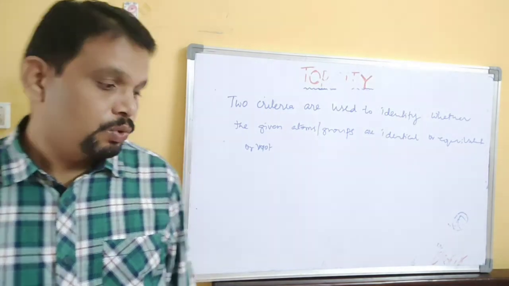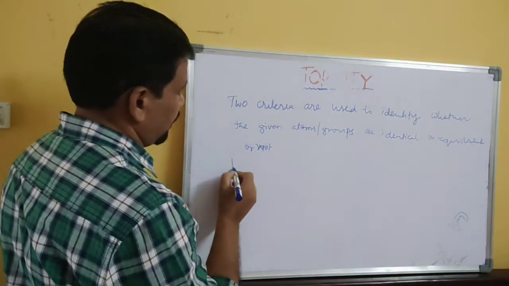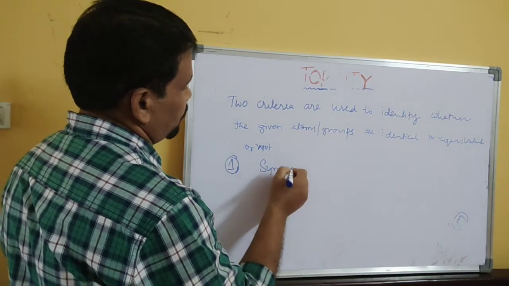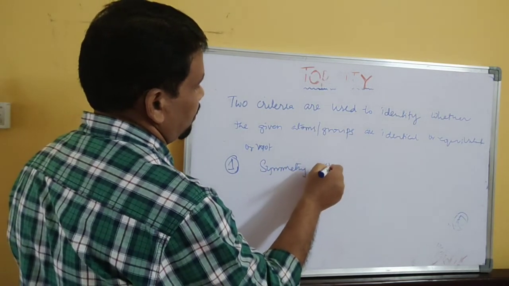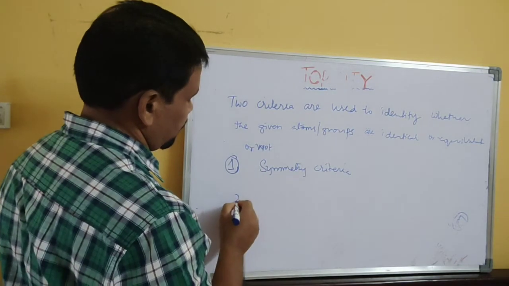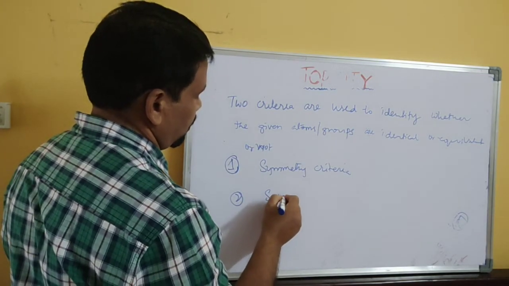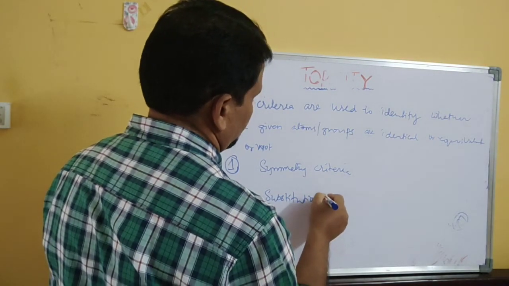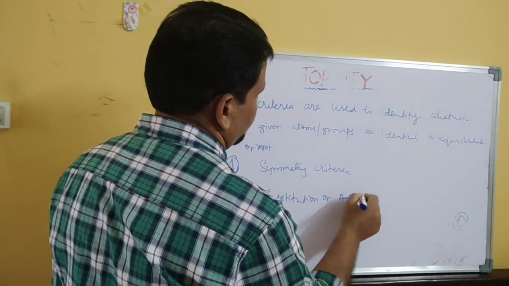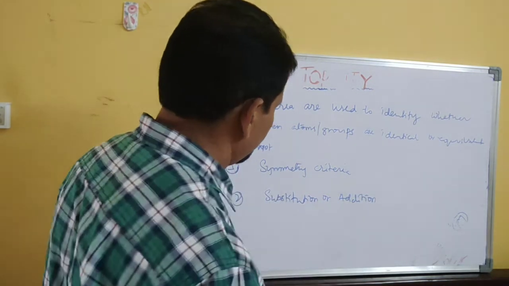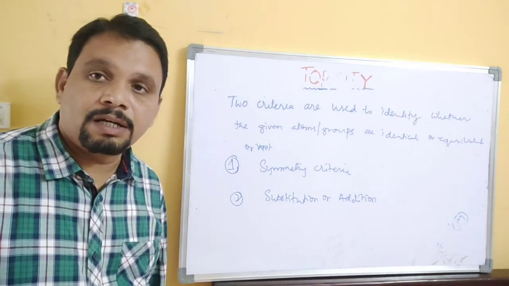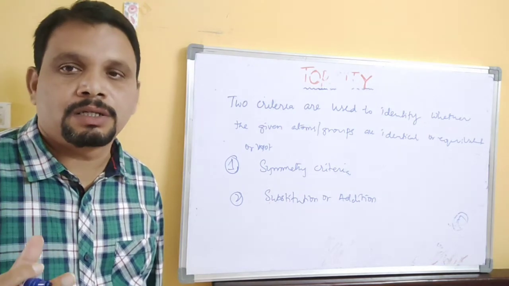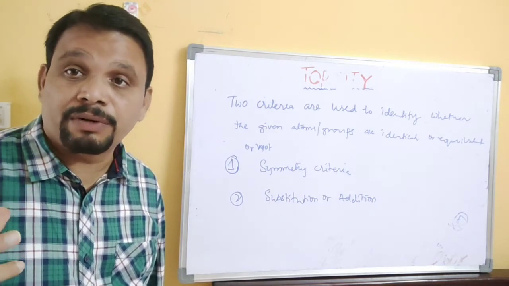What are those two criteria? One is the symmetry criteria. The other one is the substitution or addition criteria. These are the two criteria used to find out whether they are homotopic or not, whether they are identical or equivalent or not.